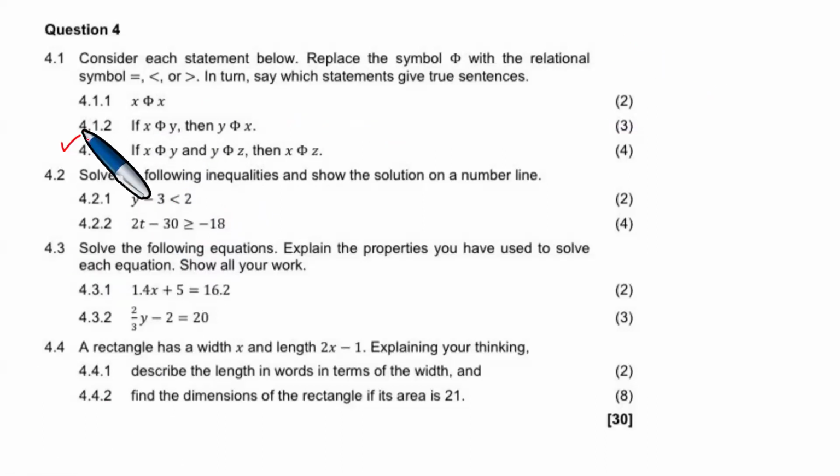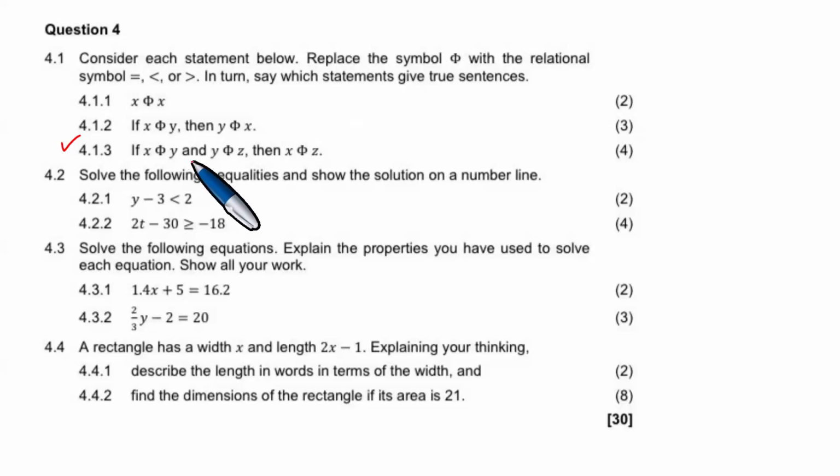Let us look at 4.1.3. If x and y are related by the same symbol, and y and z are related by the same symbol, then x and z are related by the same symbol. So we continue to analyze that. What then becomes the symbol here?